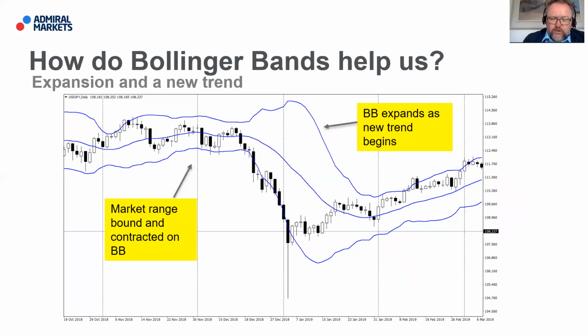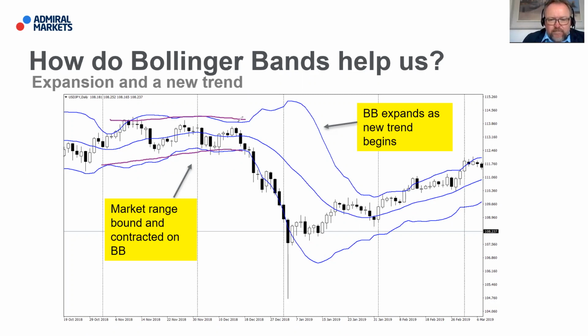But we've just looked at contraction. We also have expansion, and this might be new to people who've never looked at Bollinger Bands before. Let me just bring up my drawing tool here. We can see here that the markets were pretty much going sideways. The Bollinger Bands were very narrow.